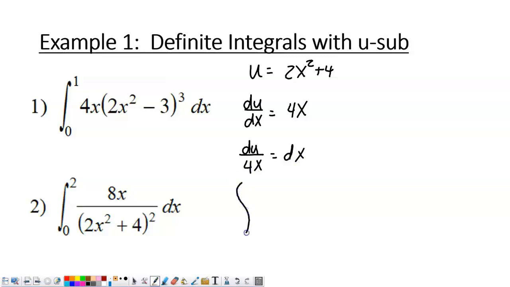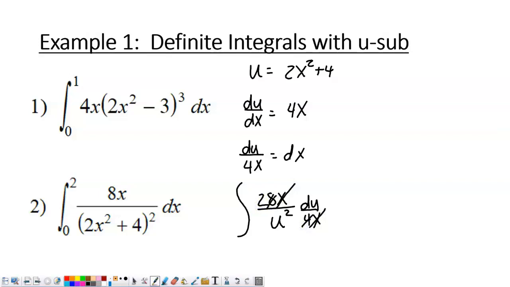Step 4, do your u substitution. So we have 8x on the top. We have u squared on the bottom and du over 4x on the bottom. And then we simplify this. The x's go away. 4 goes into 8 twice.